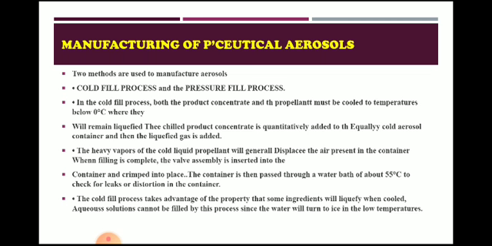The heavy vapor of the cold liquid propellant generally displaces the air present in the container. Containers are crimped into place, then pass through a water bath at about 55 degrees centigrade to check for leaks or distortion in the container.